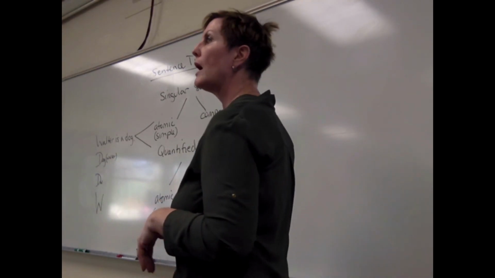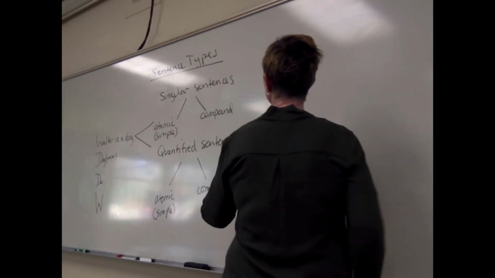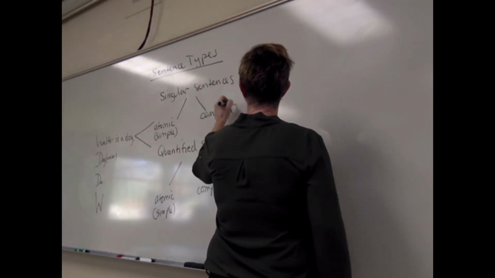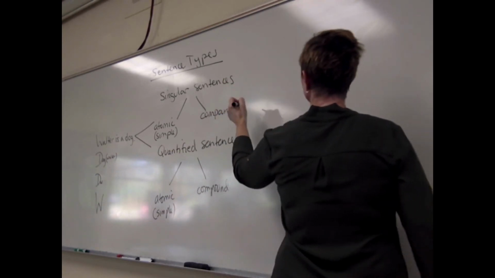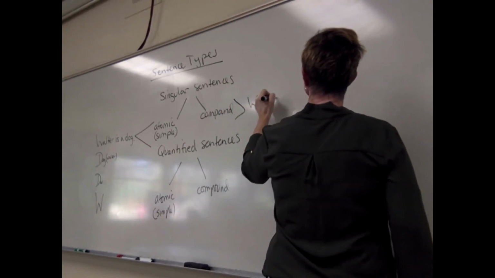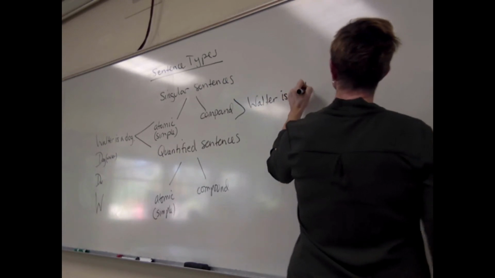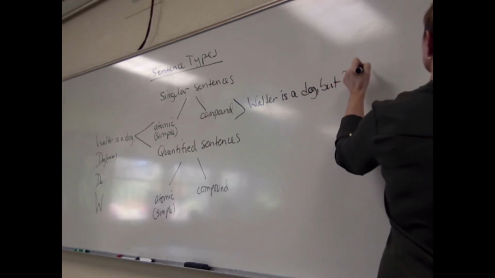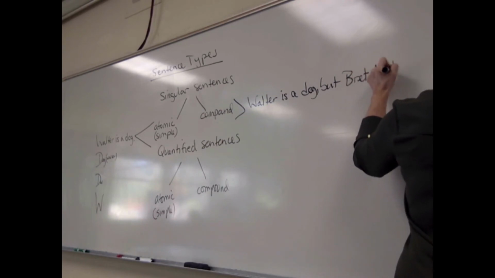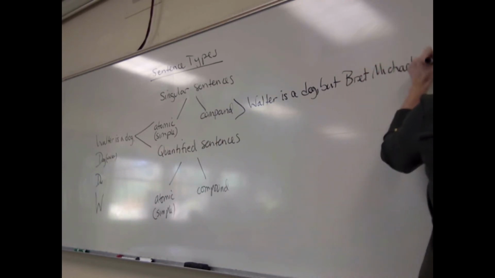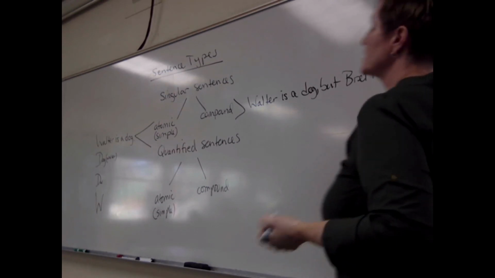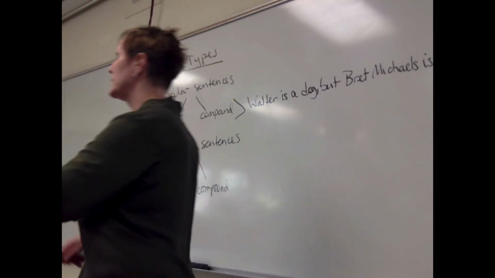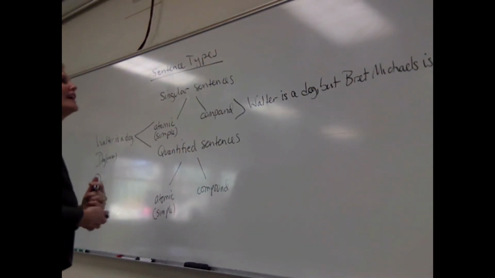So let me give you an example of a compound sentence. A compound sentence could be, Walter is a dog, but Brett Michaels is not. In fact, Brett Michaels is a cat. We'll see that as we go forward. All right.